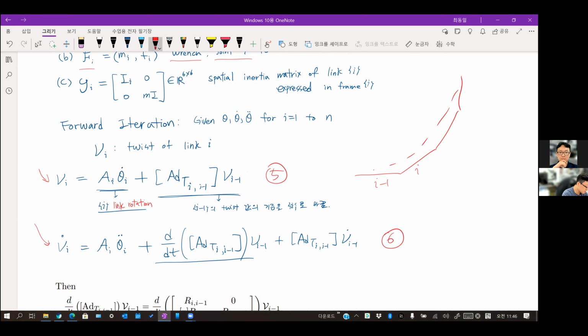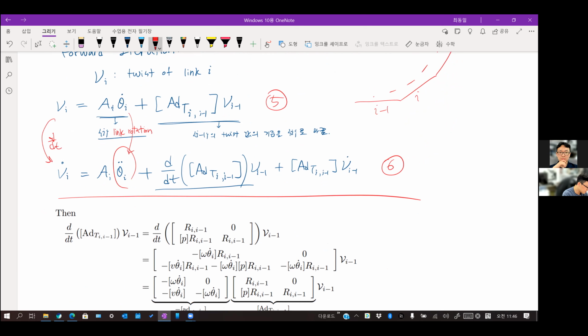So this value also changes the reference frame from I minus 1 to I. So this one is the velocity twist equation.